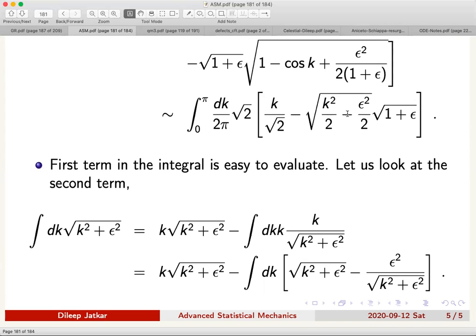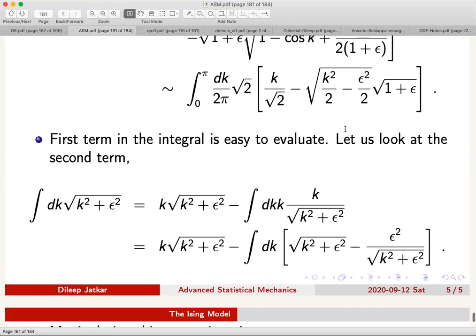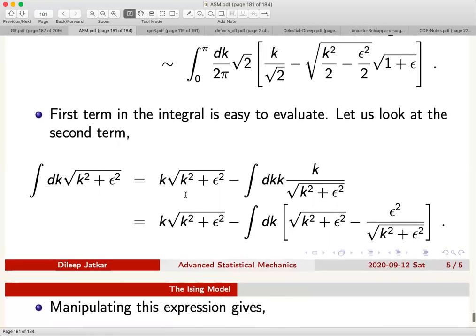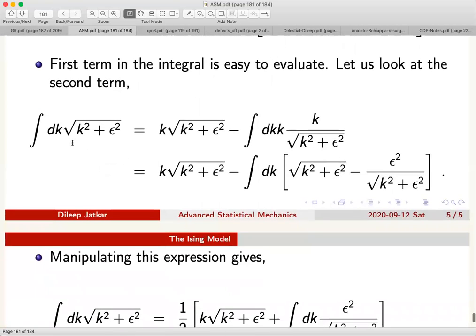It should have been plus, I'm sorry, because there is a plus sign here. Coming back to this, the square root 2 cancels with the square root 2 here, and you get an expression like this. So you want to evaluate this quantity.